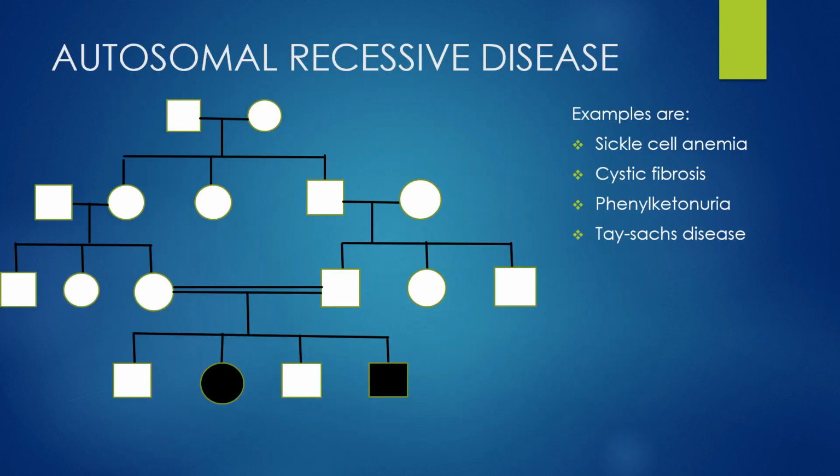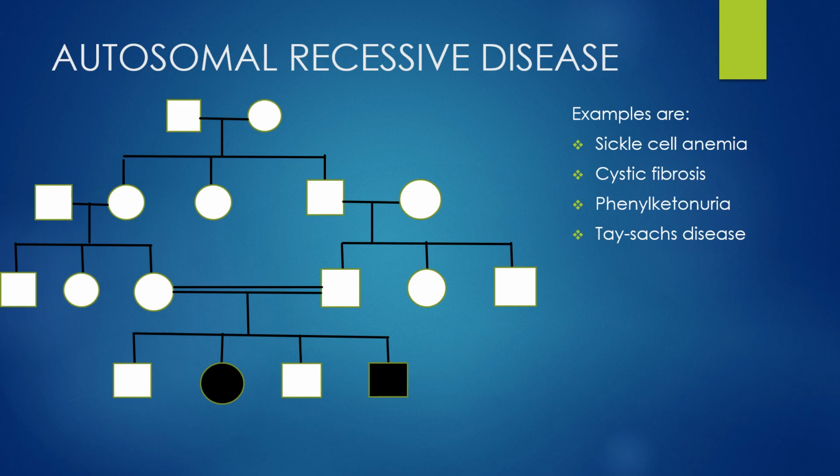All right, the next type of inheritance that we are looking at is autosomal recessive inheritance. Now, we said earlier that recessive means that the disease skips certain generations. It's not present in every generation. We also said earlier that if a trait or a disease is recessive, it means that you don't need just one gene or allele.